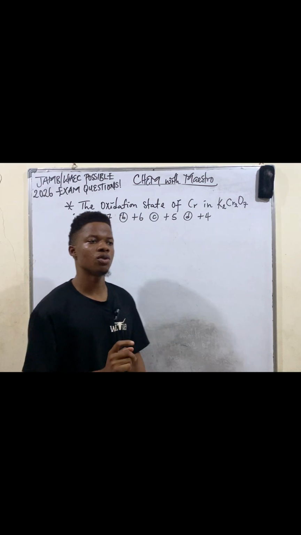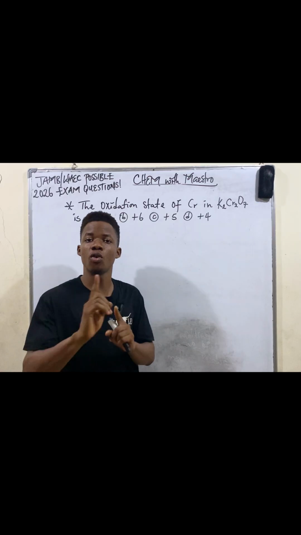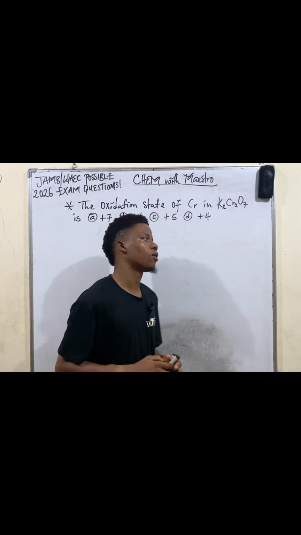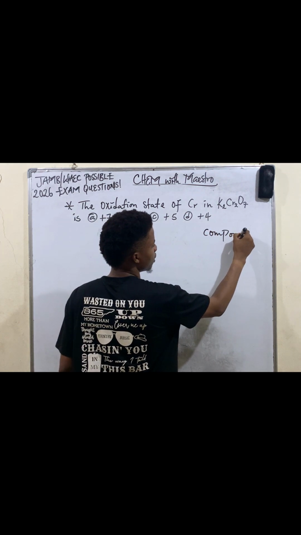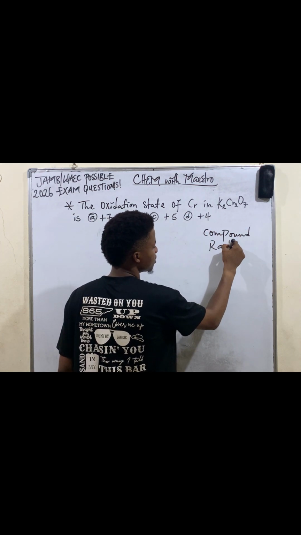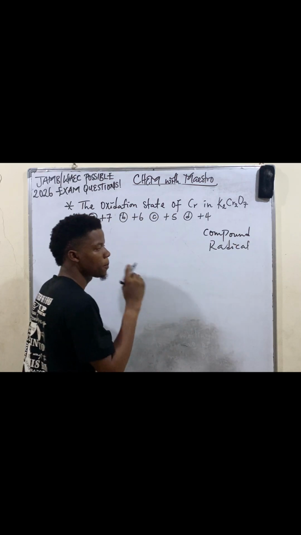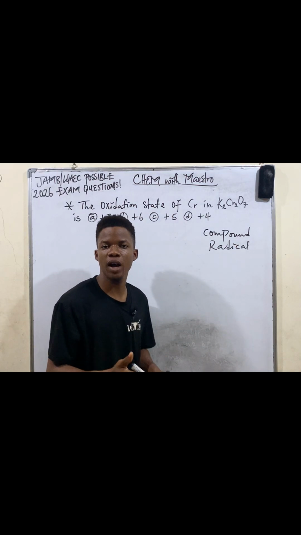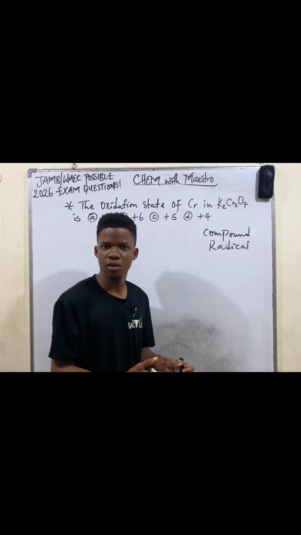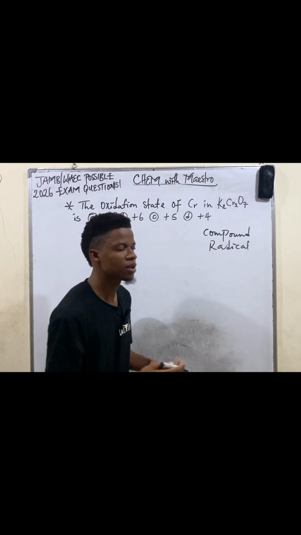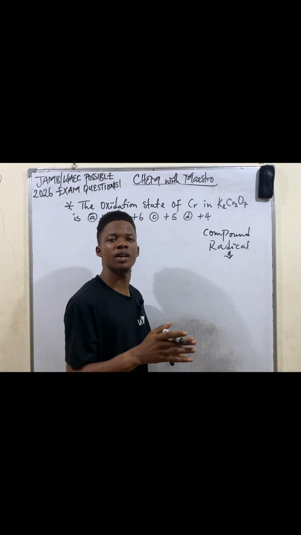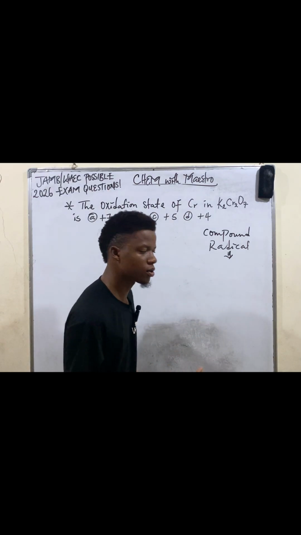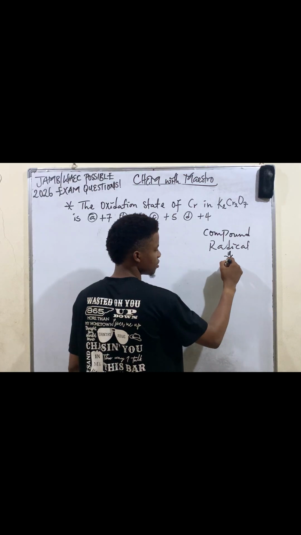Number one, you should understand the difference between a compound and a radical. How do you know a radical? Radicals are a group of atoms that carry charge, and they function as a single unit. At least two or three atoms with charge.